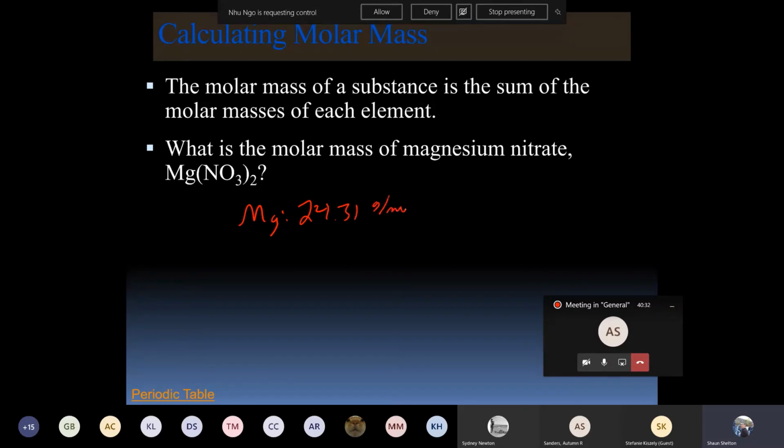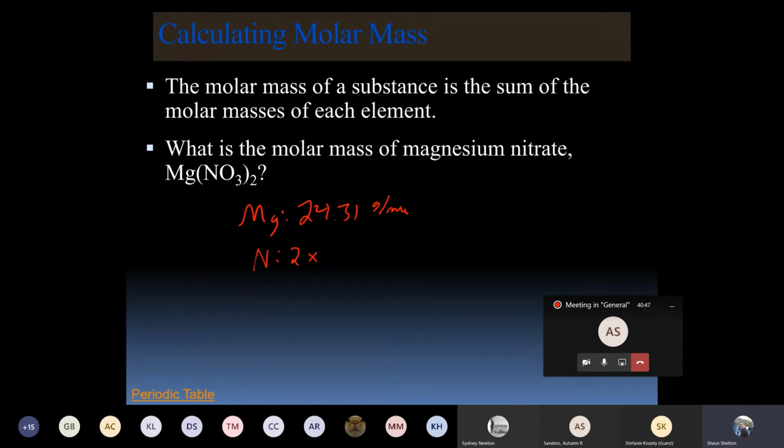There's only one of these, so that's all we've got to do. Now we look at the nitrogen. What do you do with parentheses typically? You distribute. So in this example, you have two nitrogens. The molar mass of a nitrogen is 14.01. So that's going to give me 28.02.